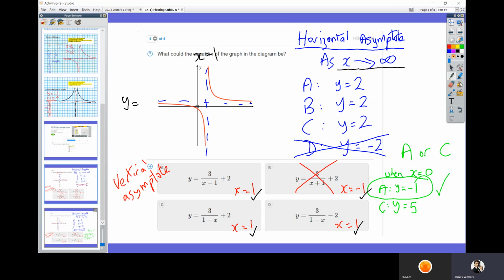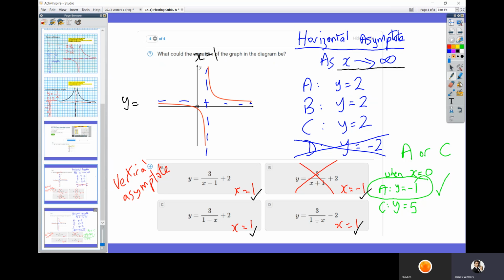So as x gets really, really big, what value do you get? So with A, B, C, and D, as x gets really big, we're going to get a very, very small number, be it positive or negative.